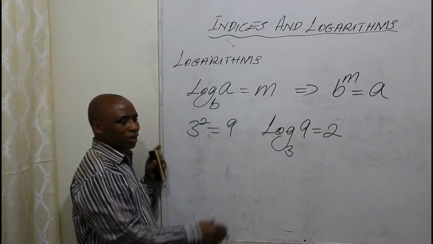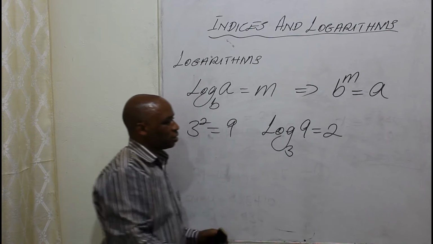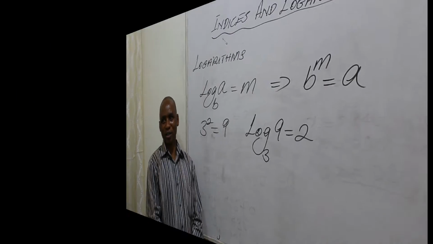What it means is that the power to which 3 must be raised to give us 9 is 2. It's as simple as that.